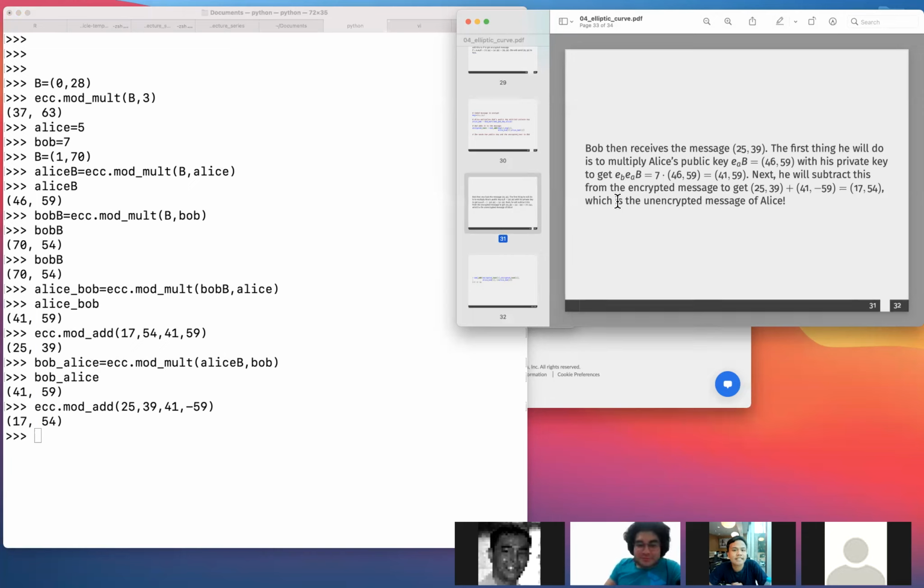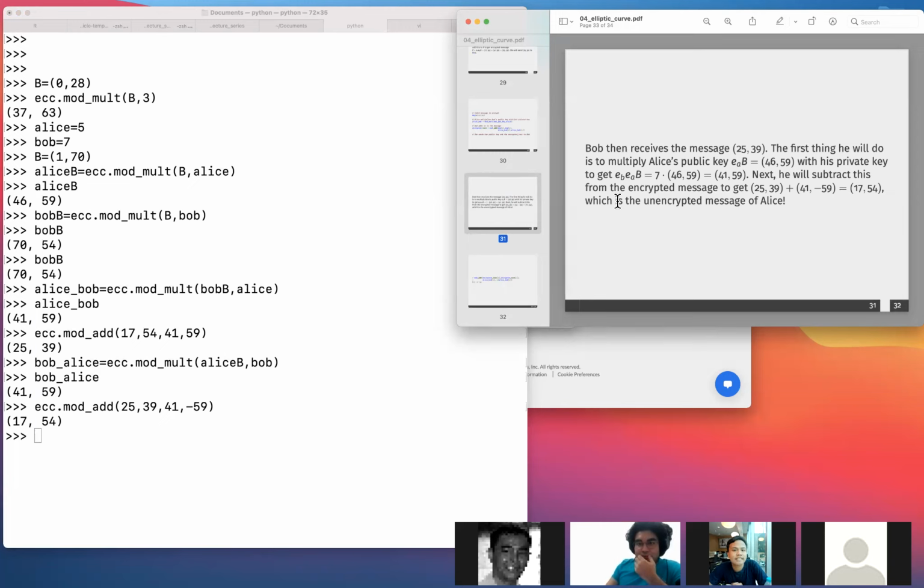But this is the end of the elliptic curve lecture. So in summary, elliptic curve is a public key infrastructure encryption algorithm. And there is another one called RSA, which stands for Rivest Shamir Adelman.